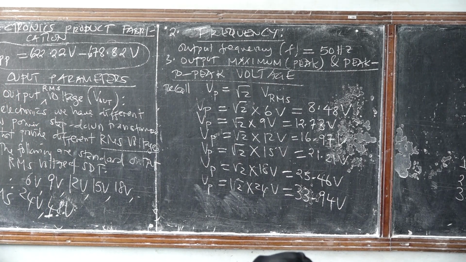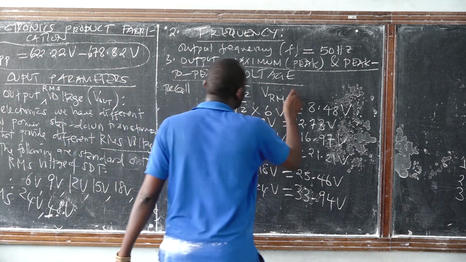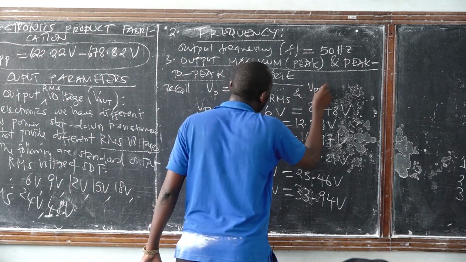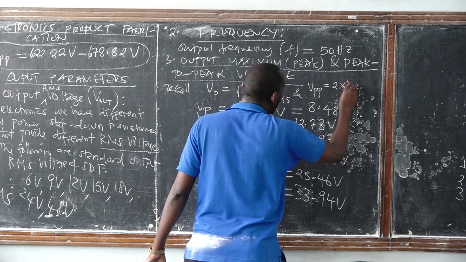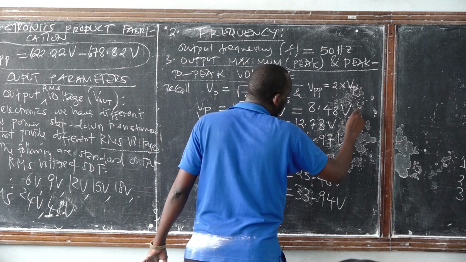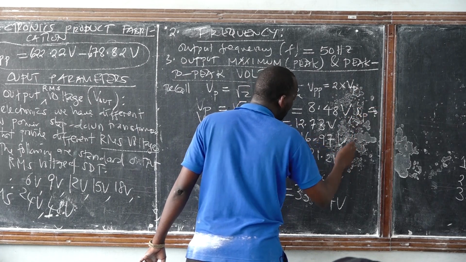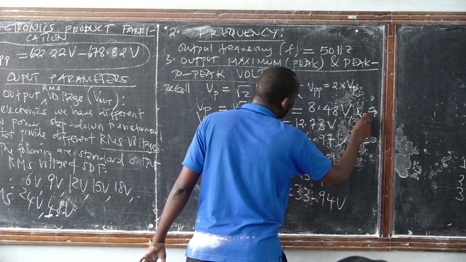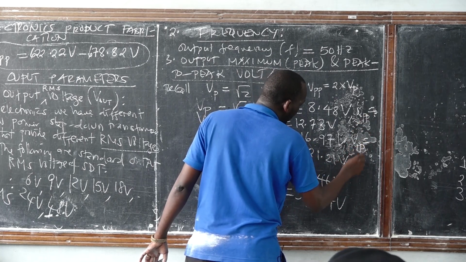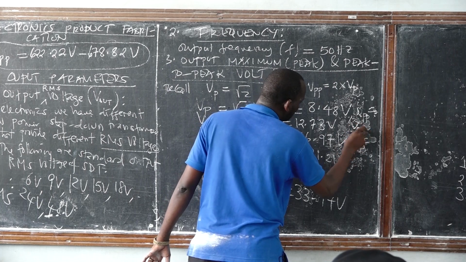So you do remember that V peak is equal to square root of 2 times V rms. Calculate the V peak of this point, and this point, and here.